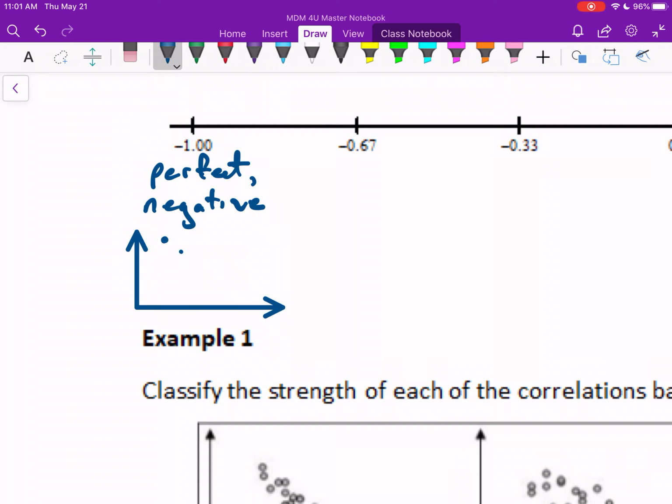And again, the correlation has got nothing to do with the steepness of the line. It is strictly 1 means perfect correlation, all lining up, and the negative part for -1 means that it's going downwards.